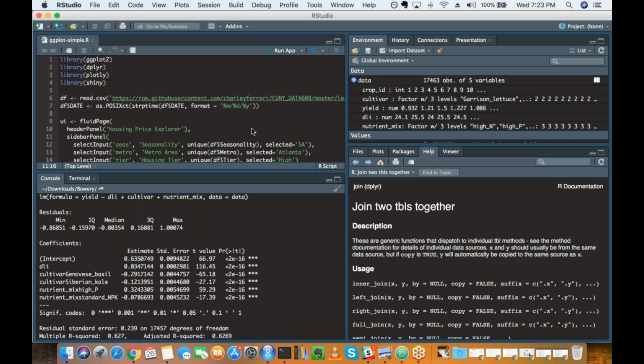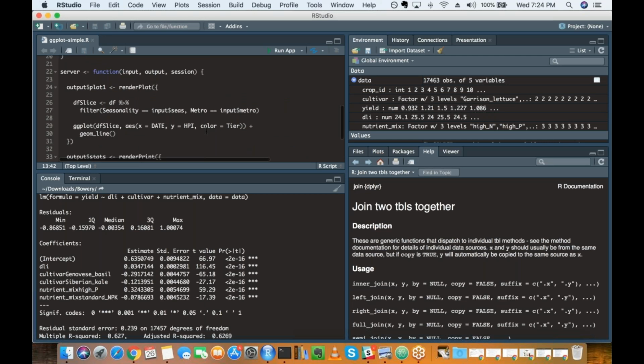With Shiny, you're really building an app. You're defining the layout of your page, you're defining what your app logic is going to be, and you're building all of this using R.